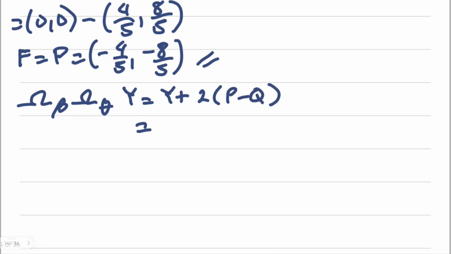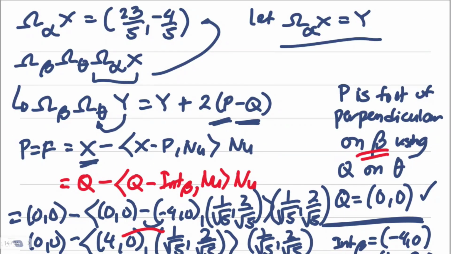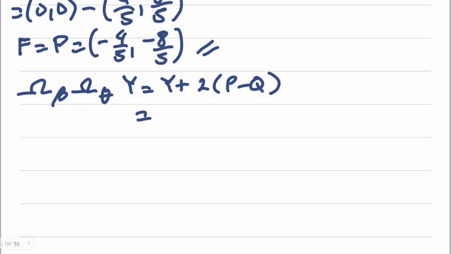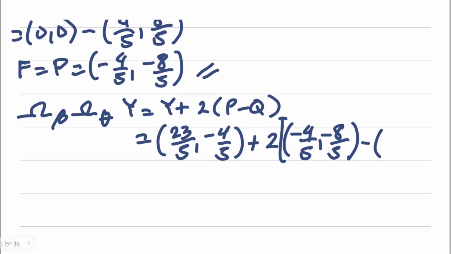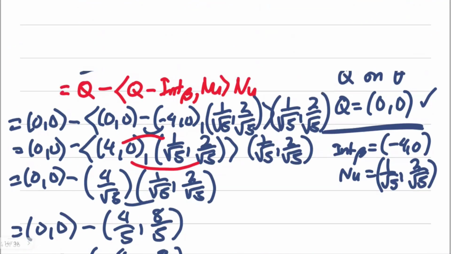So our y earlier is actually the reflected point, or reflected image, the image of our x along line alpha. 23 fifths and minus 4 fifths. 23 fifths, minus 4 fifths, plus twice our p, which is negative 4 fifths, negative 8 fifths, minus, again, we have here, our q is 0, 0.